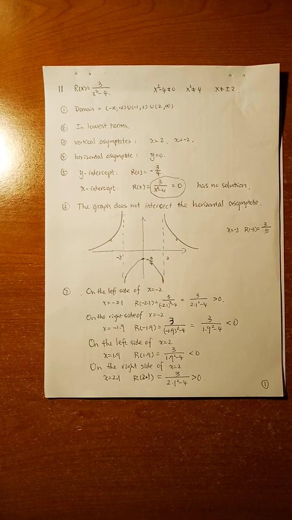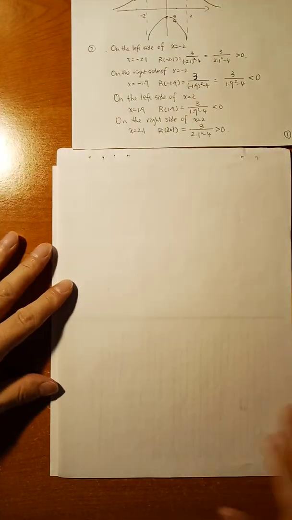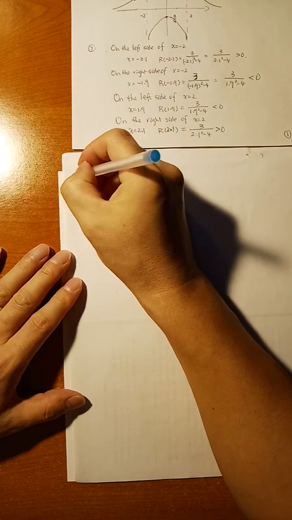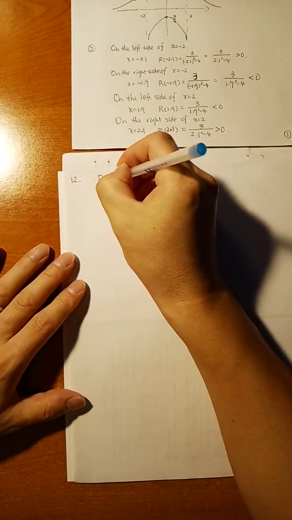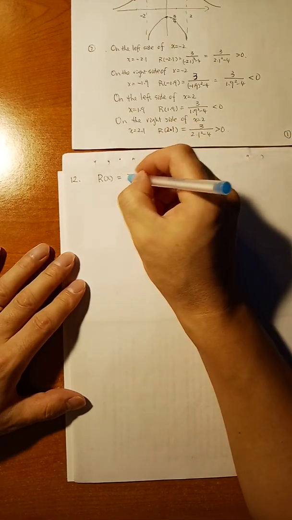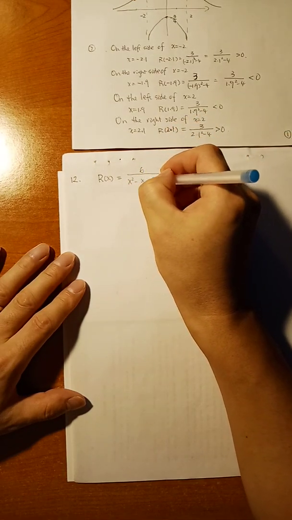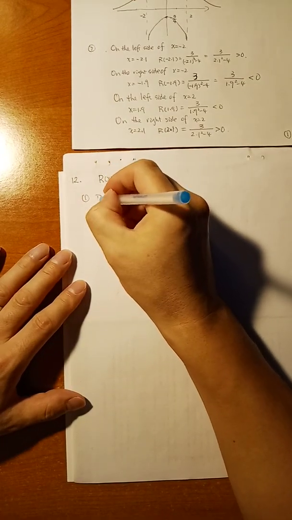Let's talk about the other one, 12. We graph the function r of x equal to 6 over x squared minus x minus 6. First, the domain.